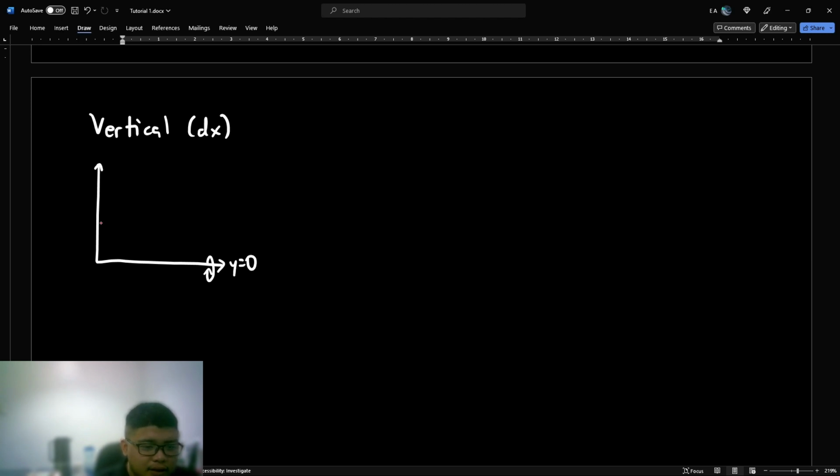But as you can see here, when we're going to be using the vertical element, there will be two different areas.